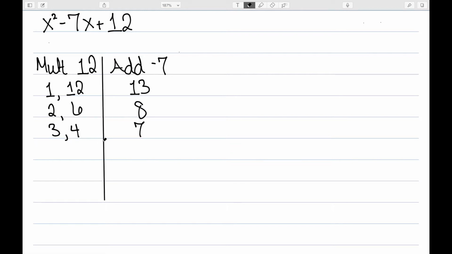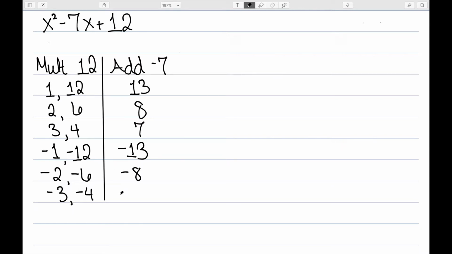So we need to remember that this isn't really the only things that multiply to give us 12. We could also do negative 1 and negative 12, which would add to be negative 13. Negative 2 and negative 6, which adds to be negative 8. And negative 3 and negative 4, which adds to be negative 7. So now we have our solution.